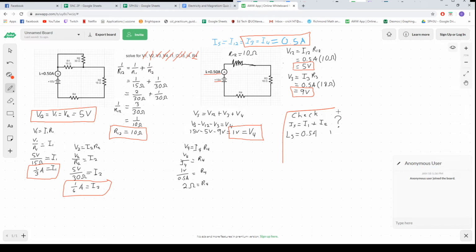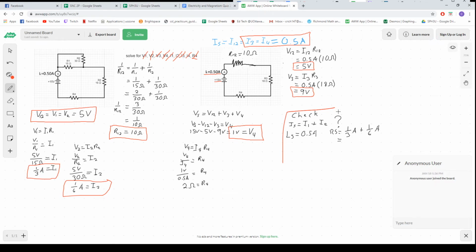And our right side is equal to, well, it's a little bit more complicated, but not much. We have I1 is 1 over 3. So that is 1 over 3 amps plus, and then I2 is 1 over 6. 1 over 6 amps.